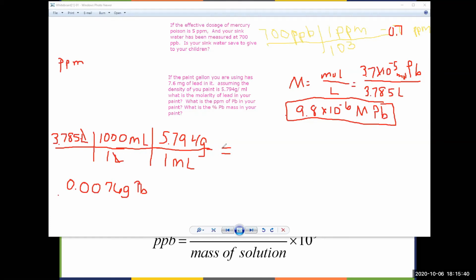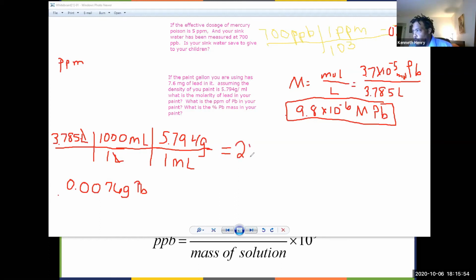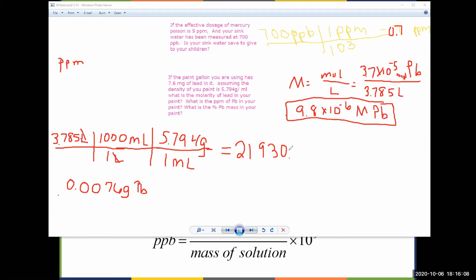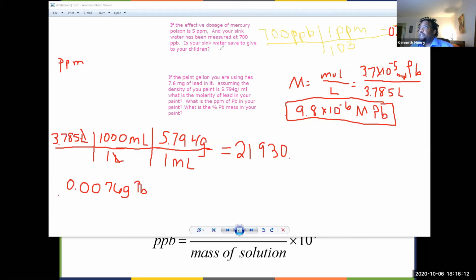It's 2.19 times 10 to the 4. So you're saying 2, 1, 9, 3, 0. How many sig figs should I have? 3. 4. 4 sig figs.